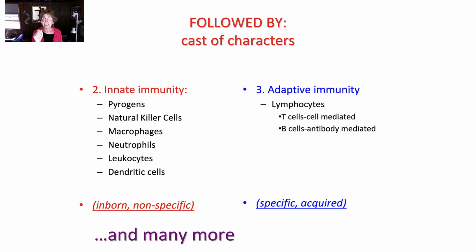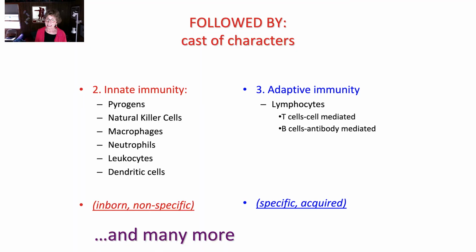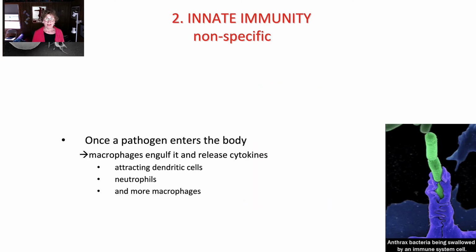And we have in our adaptive immune response very specific cells for a specific pathogen. And these are lymphocytes that are T cells and B cells. So we have the innate immune response, which is non-specific, and we have the adaptive immune response, which is very specific.